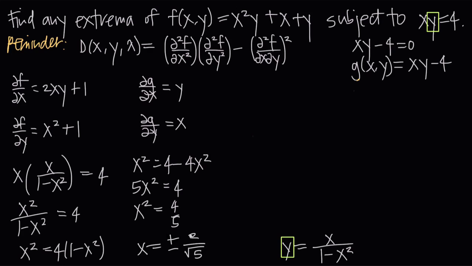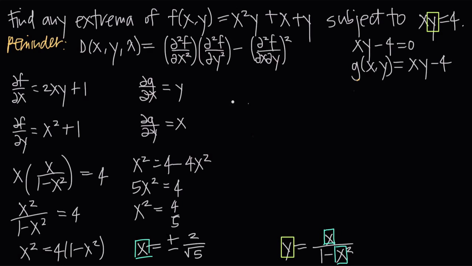We want to take these values for x and plug them back into our equation for y so that we can find corresponding values for y. So we're just going to take this value of x from the right-hand side, and plug it in for x here and also here.